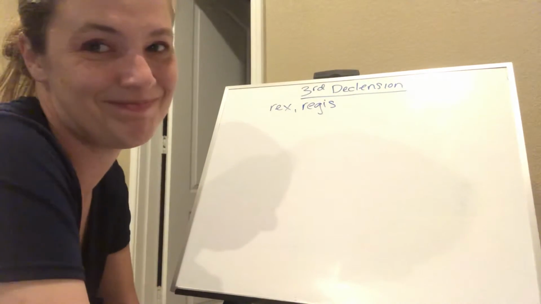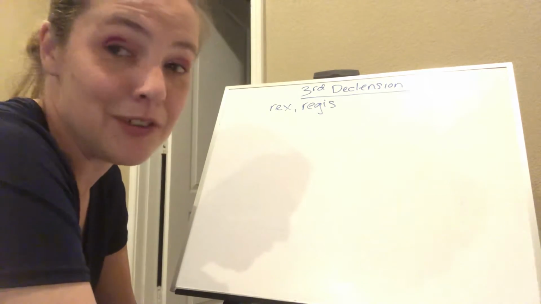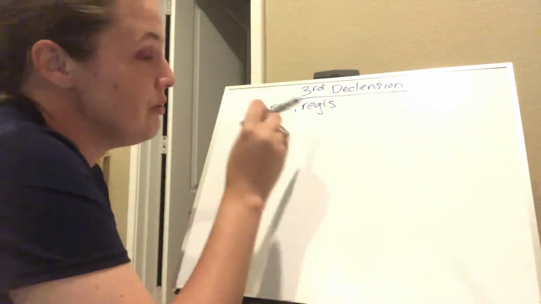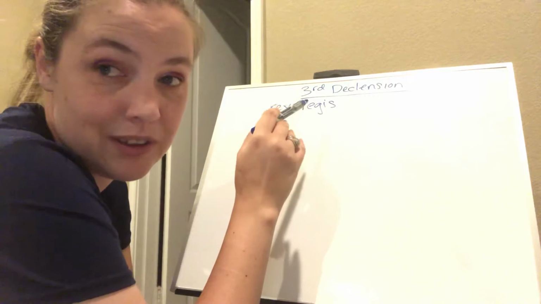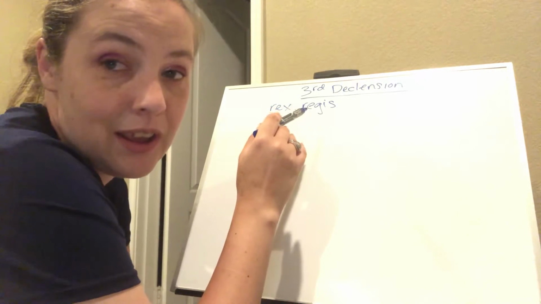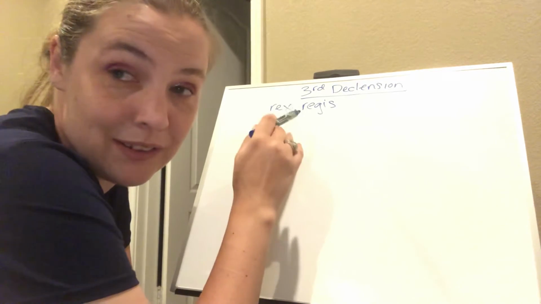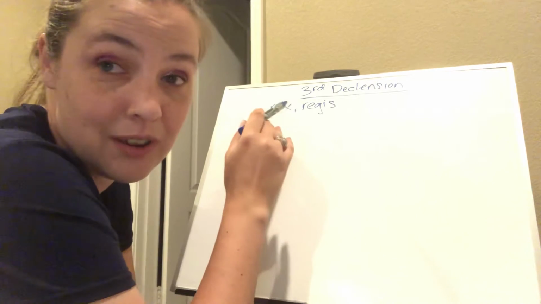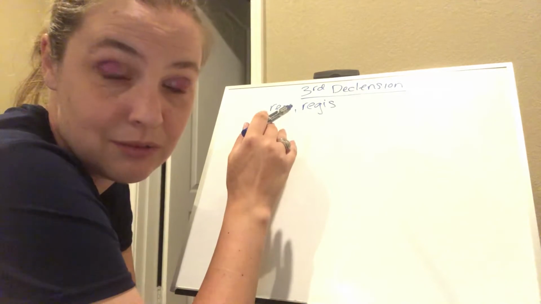regus. Okay, now, here is your come to Jesus meeting. If you get a form like regus in something you're translating, and you try to look up regus in the dictionary, in a Latin to English dictionary, you are never, ever, ever going to get the right word that you want.